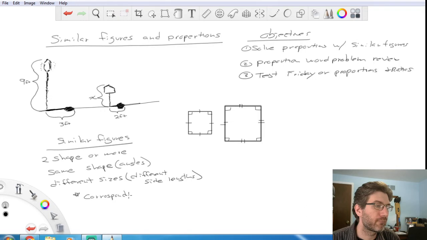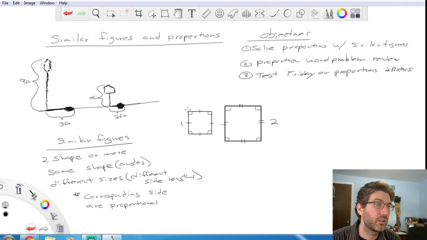Corresponding sides are proportional. So in your thing here, if this was the side length of 1, then all these would be the side length of 1, and this was the side length of 2, all those would be the side length of 2. Then you can set up a proportion based on the sides.